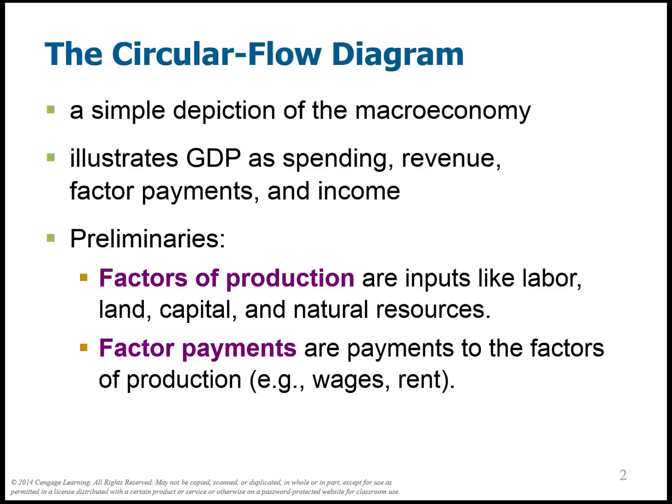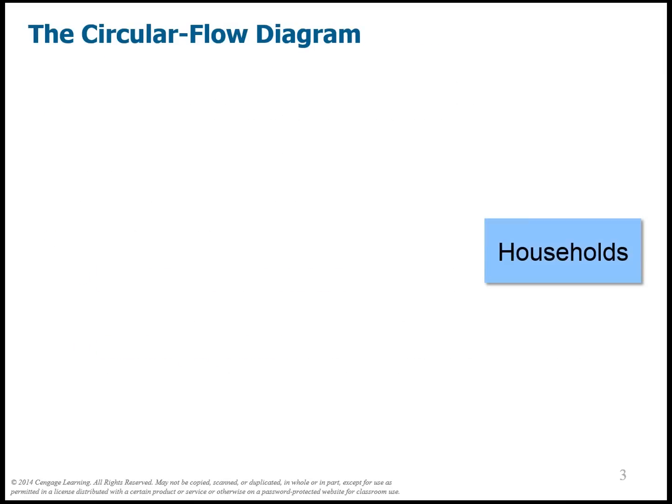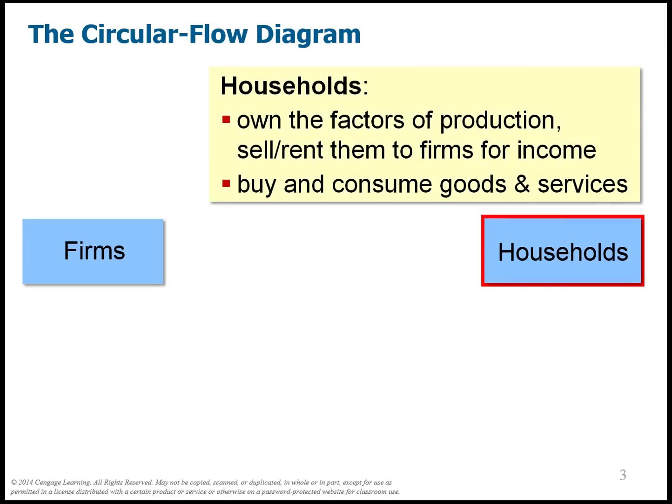And so let's go ahead and look at the circular flow diagram. There are two actors, remember: households and firms. Households own the factors of production, and then they sell them to the firms. So what's going on here? Households are owning anything that's used for production. Maybe just for the purposes of this model, they own tractors, they own capital equipment, they own labor.